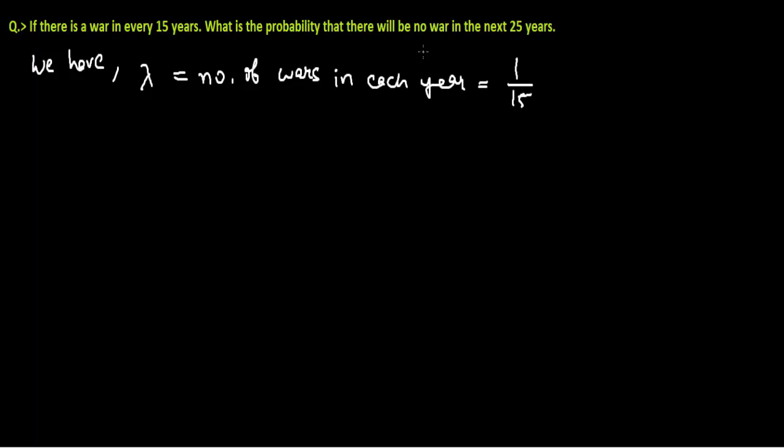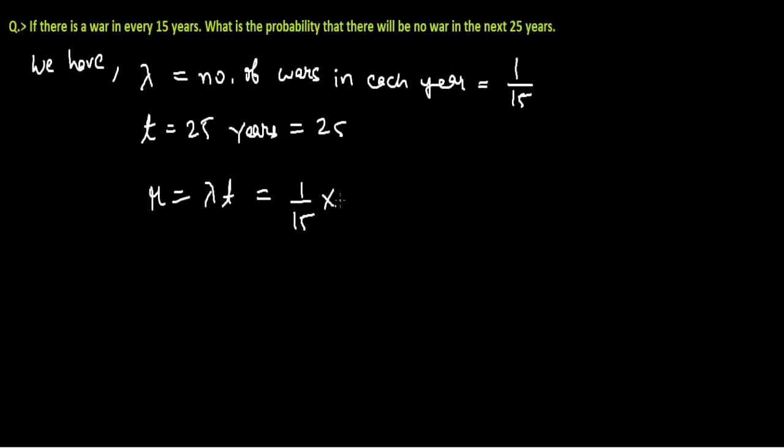The total time period is 25 years, and we need to find mu, that is lambda times t. So 1 by 15 times 25 equals 5 by 3.